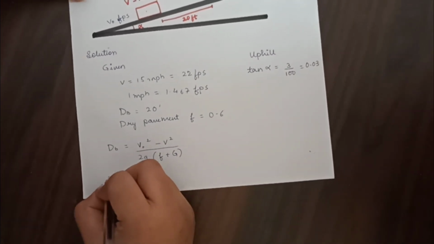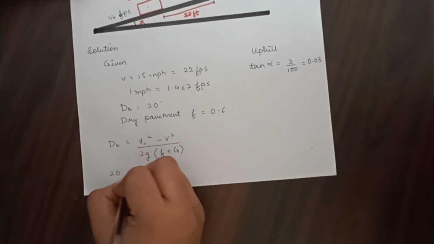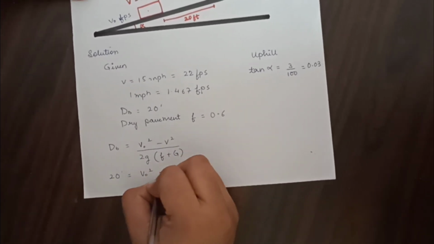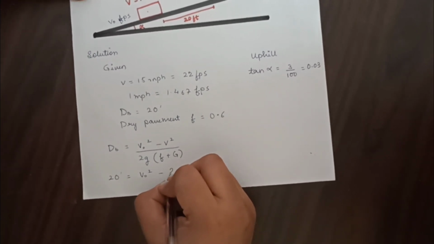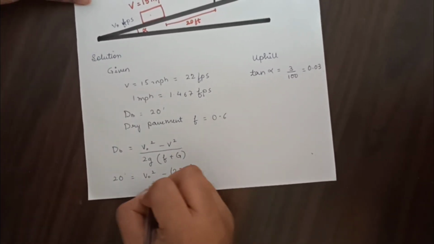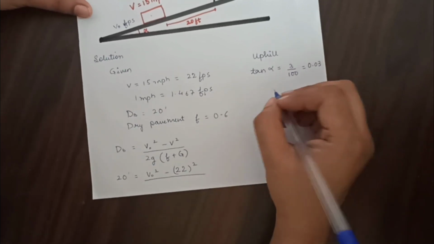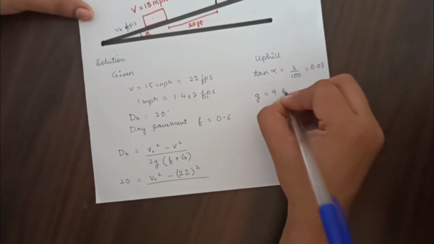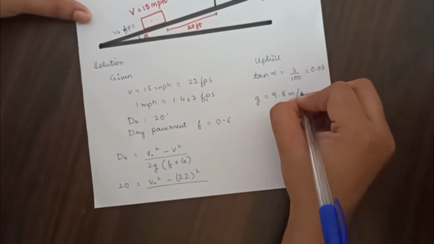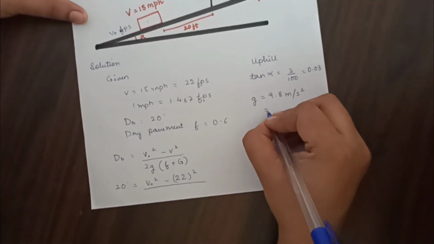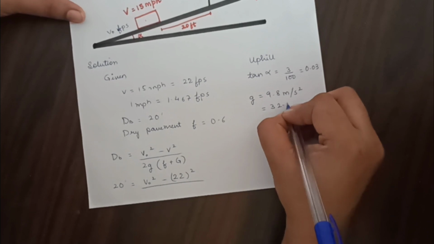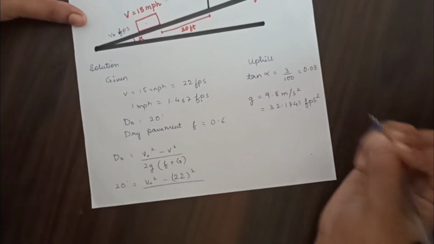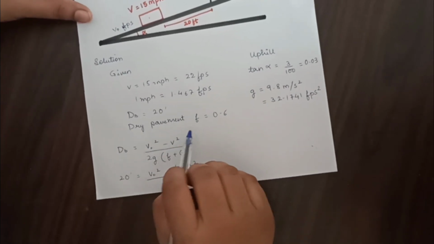On putting the values, dB, 20 feet, equals V0 squared, which we have to calculate, minus V squared, that is 22 squared, upon 2 times g. One more thing I want to add: g, which we take as 9.8 meters per second squared in the metric system, will be equal to 32.1741 feet per second squared in our case, because we are talking in feet.